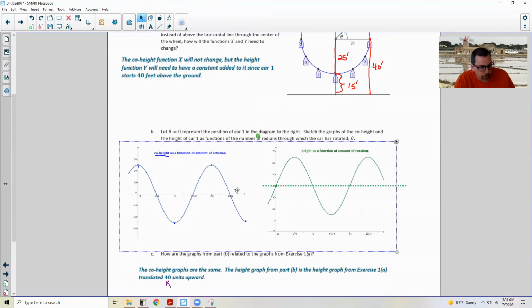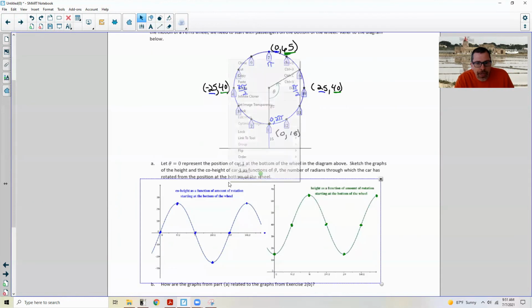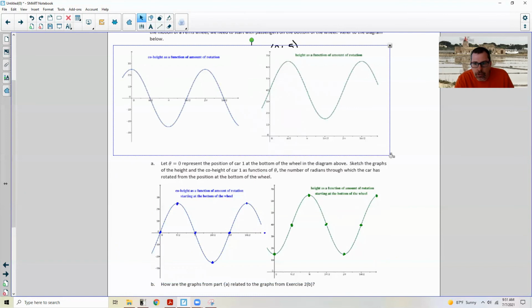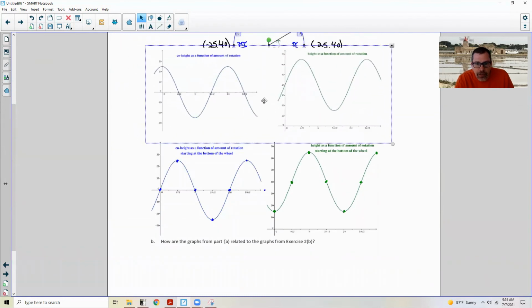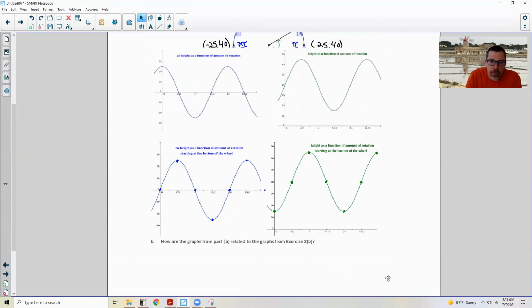Let's copy these and bring them over, just so we aren't trying to go back and forth repeatedly. All right, so what this question is saying, part B is comparing these graphs now. How are the graphs from part A, right here, related to the graphs from exercise 2B, which are right here?